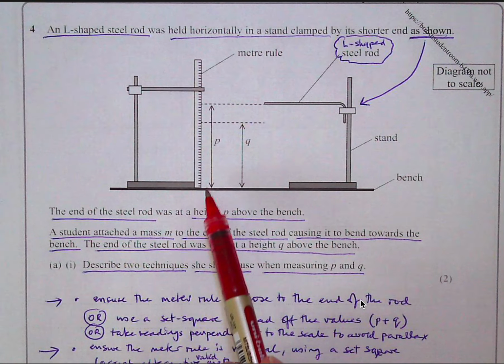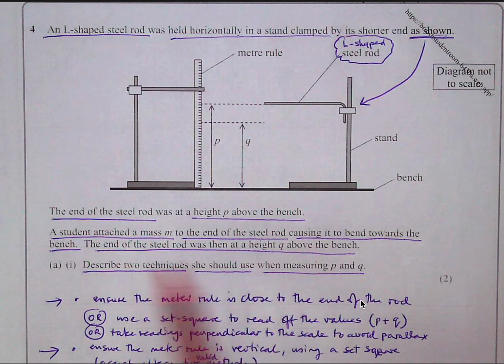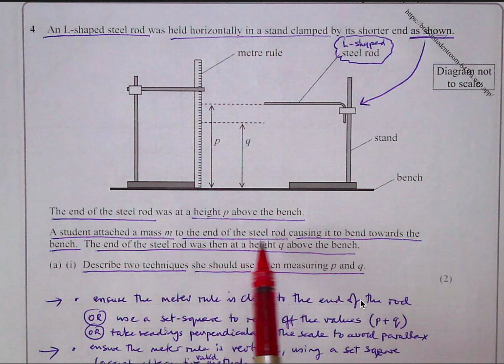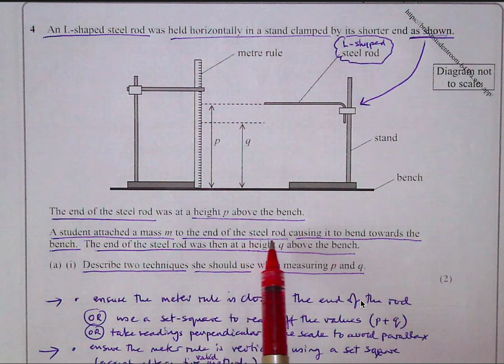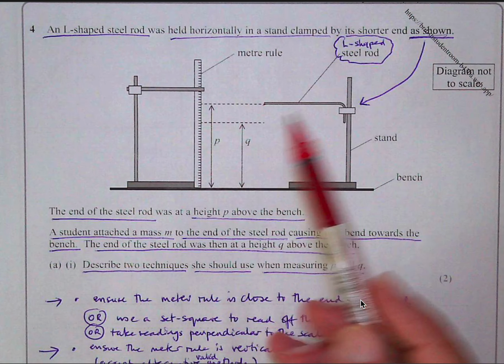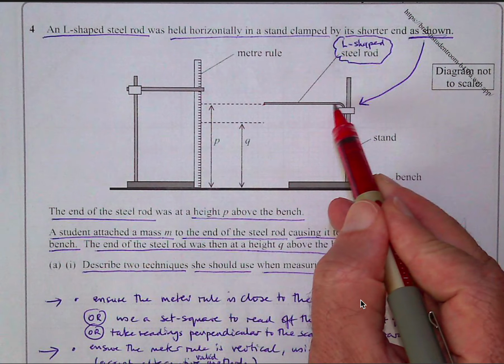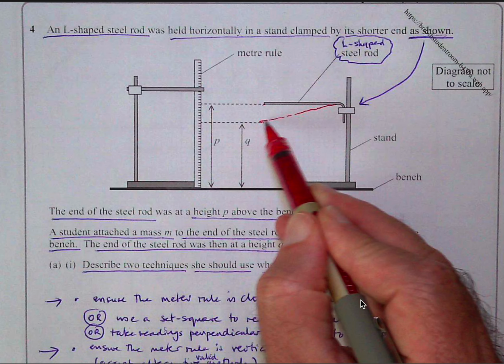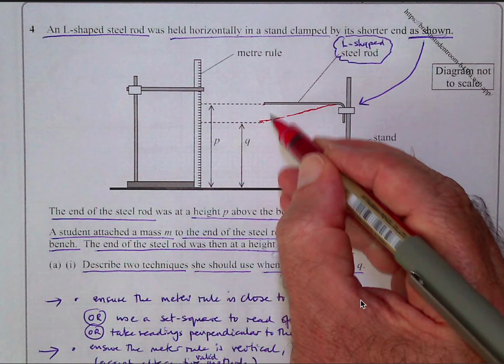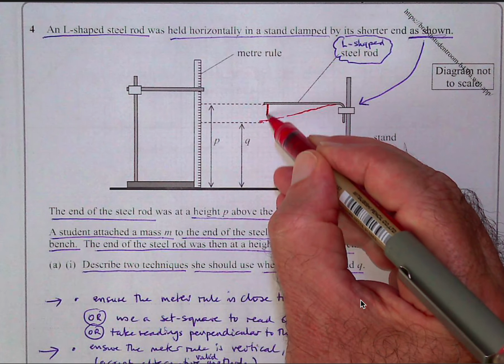So you put the ruler on the bench, and then a student attached a mass M to the end of the steel rod, so presumably they mean here, causing it to bend towards the bench. So it's going to bend that much. So imagine it's going to bend up to that point Q. Okay, so the mass is pulling it down.